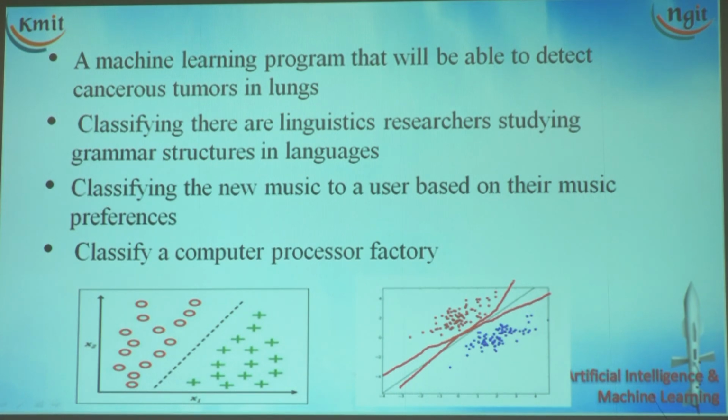Now, based on that, we will fix a margin. The margin has to be fixed. In that margin, see here, this plus is available here, and this plus may be available here also. Now, how can we fit the model? Actually, one plus is here.